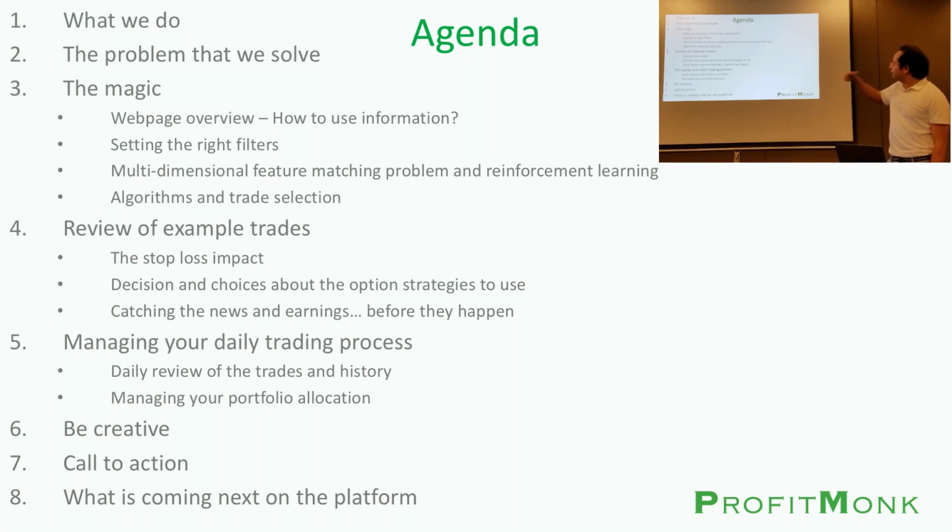We will actually review example trades, but more than that, we will hit the questions of when to buy, which is easy, when to sell, which is slightly harder, at what point to sell, and what are the decisions and choices. I use the word option strategies here. Mostly we will be talking about buying calls.